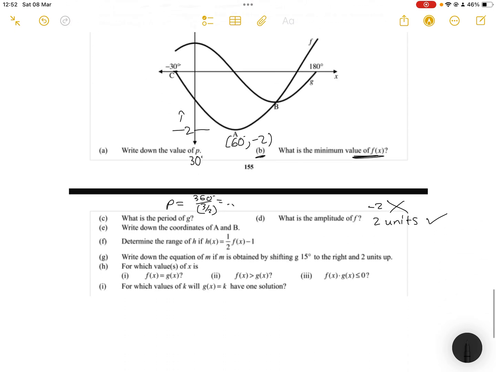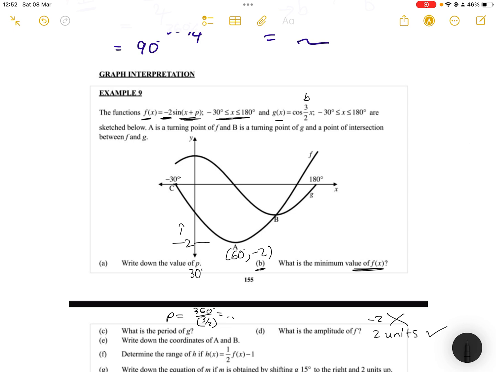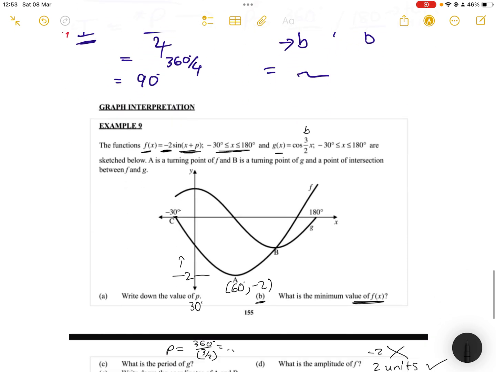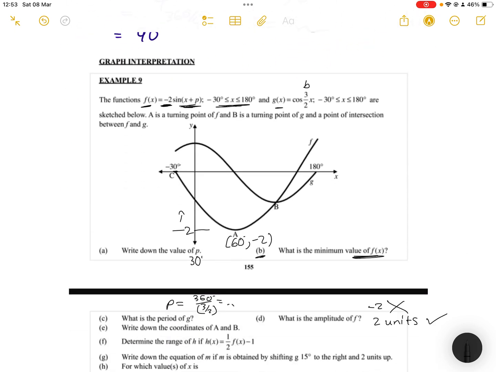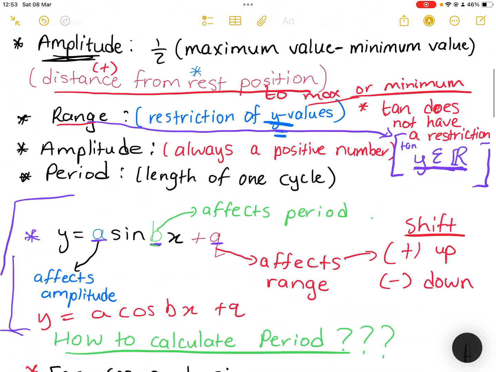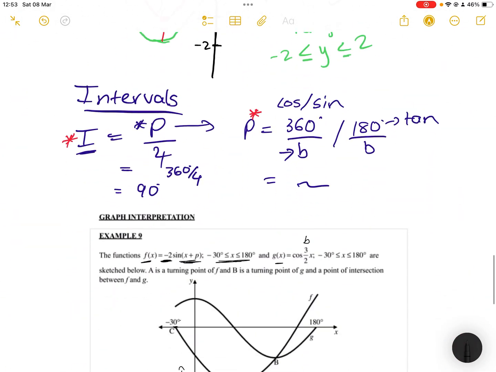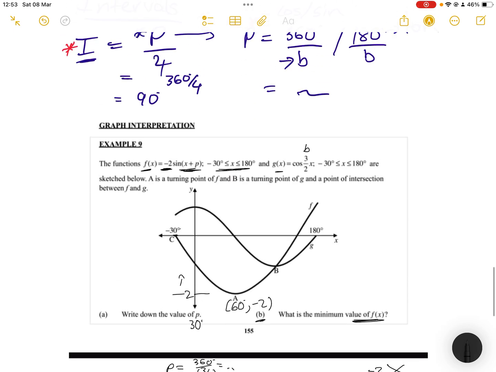And then for B, it's the turning point of G. So the turning point of G, it's still gonna be similar to the one that you wrote. For the graph of cos, originally it was 180, so it's no longer gonna be 180.